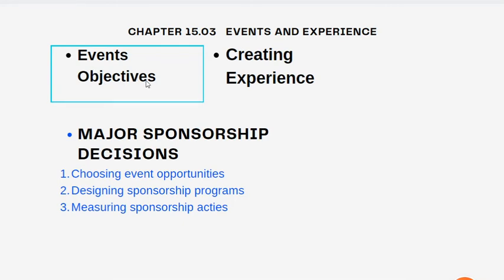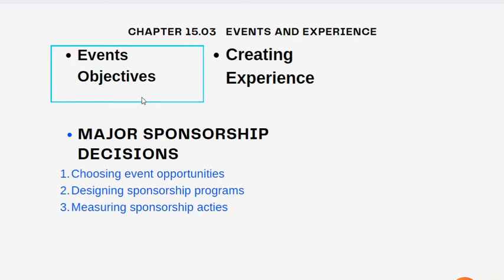Events objectives: marketers report a number of reasons to sponsor events. To identify with a particular target market or lifestyle. To increase salience of a company or product name. To create or reinforce perceptions of key brand image associations.